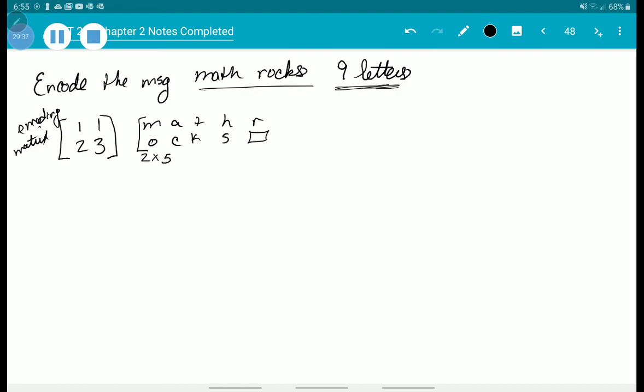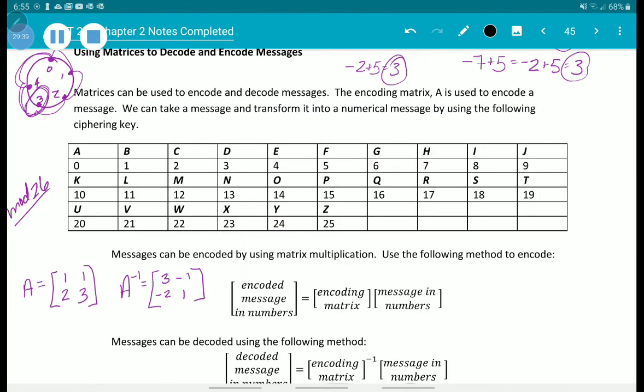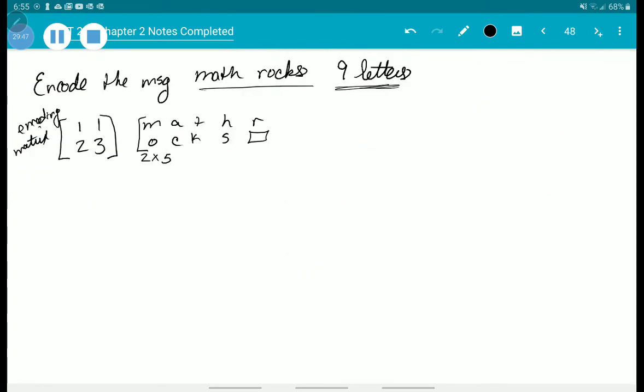But you've got to have something to put in here. You can't just leave it blank. And our table doesn't have a space for a blank number in there because we're still operating under that mod 26. So this is where you're going to want to fill in with some kind of filler. And it doesn't matter what you use. You could use Z, you could use A. You can use anything you want to.